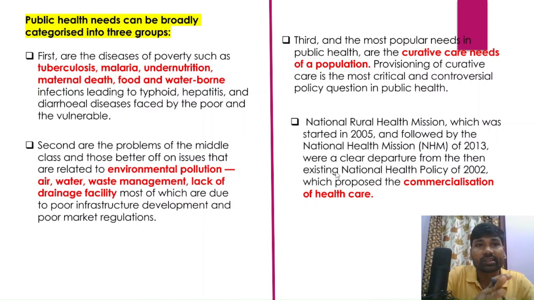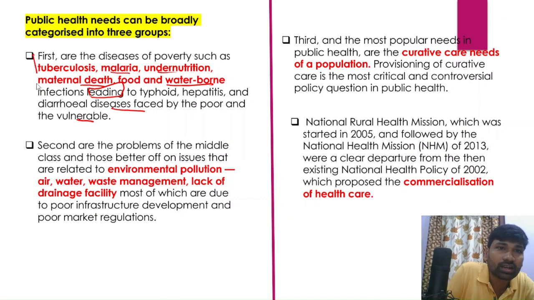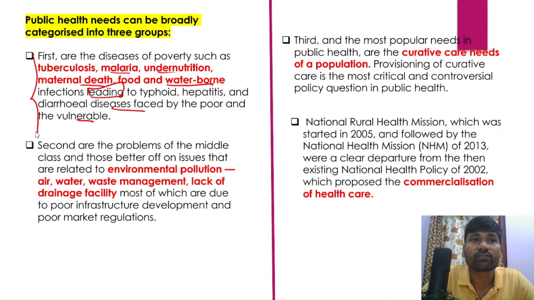First are the diseases of poverty such as tuberculosis, malaria, undernutrition, maternal death, food and waterborne diseases, and infections leading to typhoid, hepatitis and diarrheal diseases faced by the poor and vulnerable. These are considered the first category of diseases that poor people usually face.